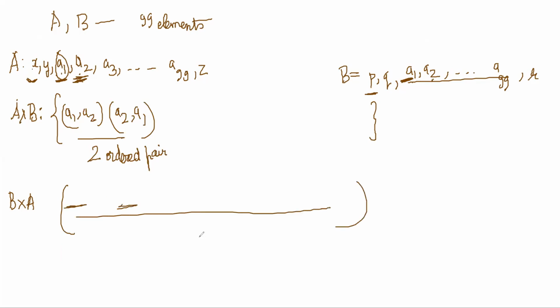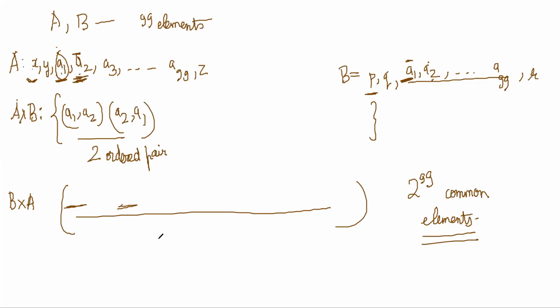So now it is obvious that it should be 2 power 99 common elements. You understand why it is happening? Because there will be an A1, A2 ordered pair, and there will also be an A2, A1 ordered pair.